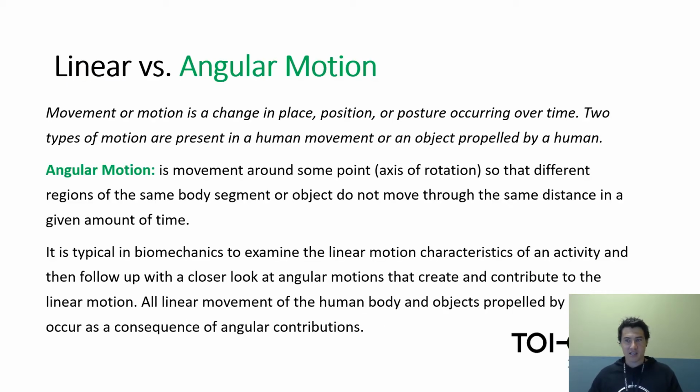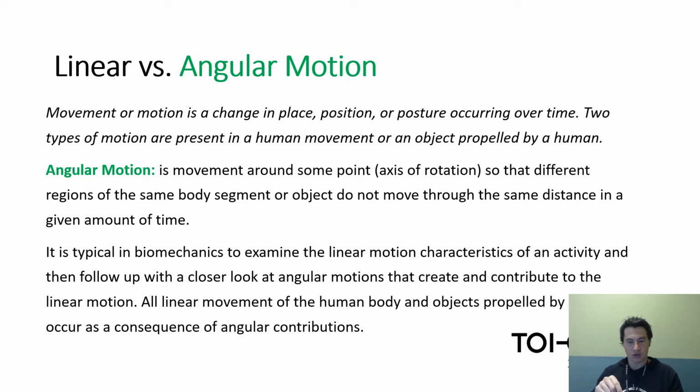The next one is angular motion. If you think about angles, it means not a straight line. It means some kind of bend. So angular motion is a movement around some point or axis. So it has to be some point of rotation. There's a center point where something is moving around it, with that center point being like the pivot point.